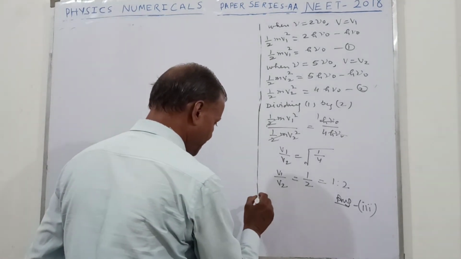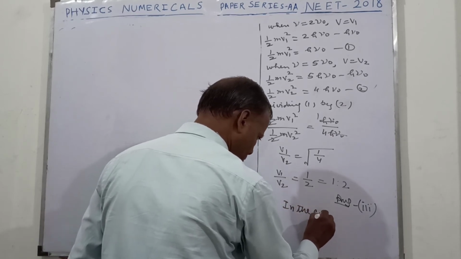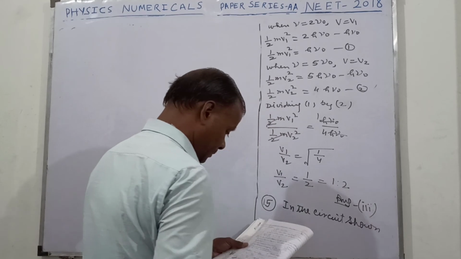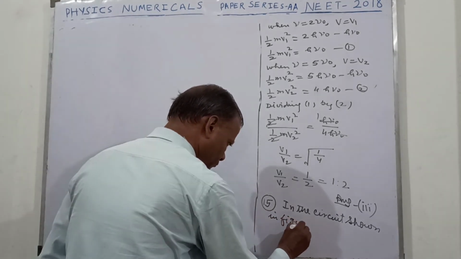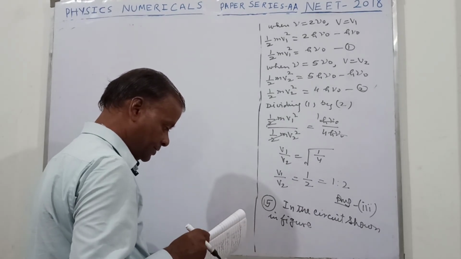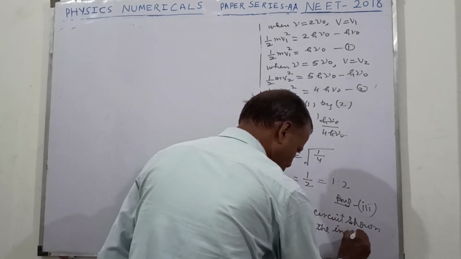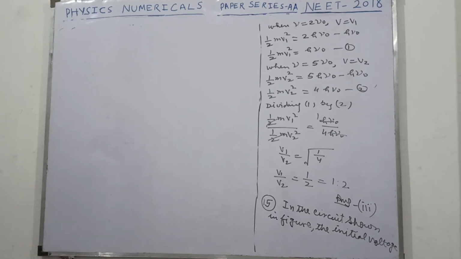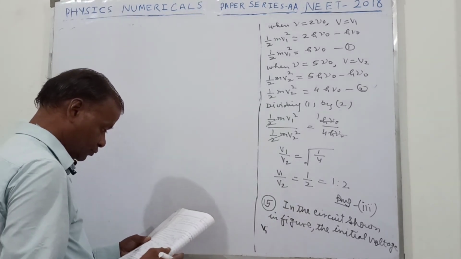In the circuit shown in figure, the initial voltage Vi, that is equal to 20 volts.